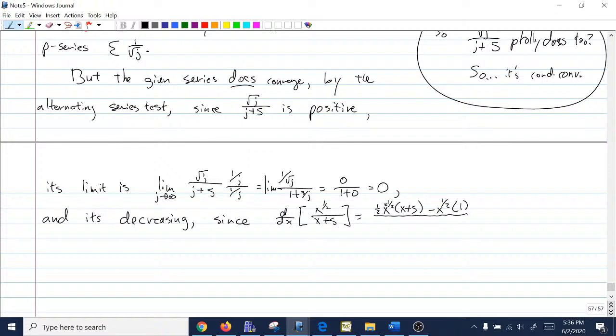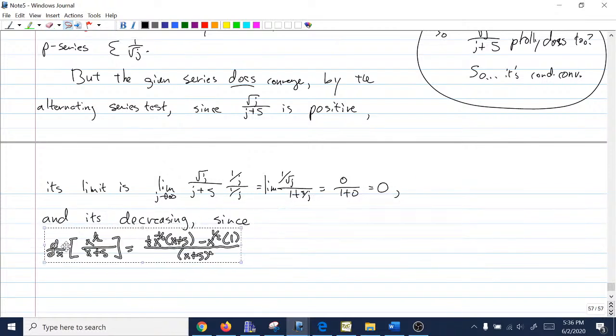Oh, that's a negative 1/2. This is probably worth putting in its own line. This is going to be gross before it's done.